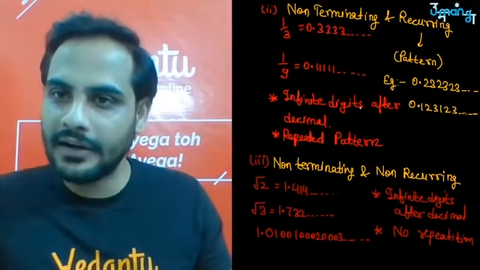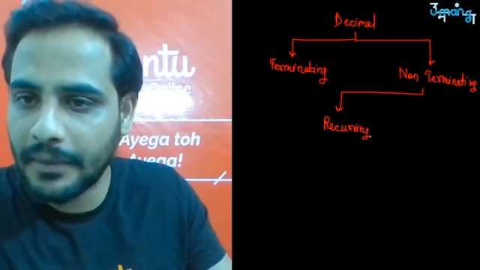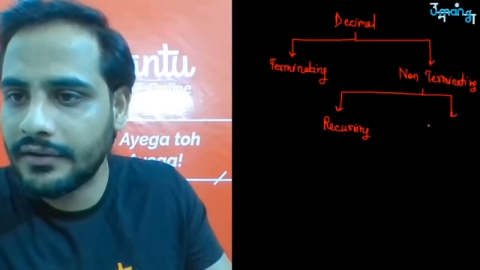And this non-terminating category is again further of two types. One is repeating or recurring, where there must be a pattern, and the second is your non-recurring. Got it? So one is terminating, then non-terminating and recurring, and non-terminating and non-recurring. Correct?